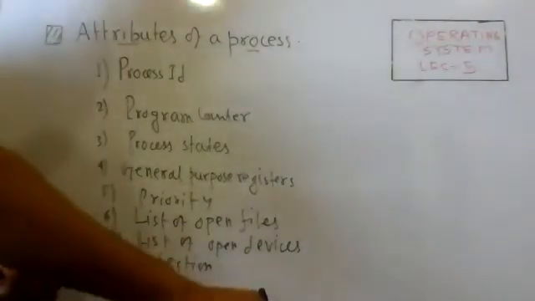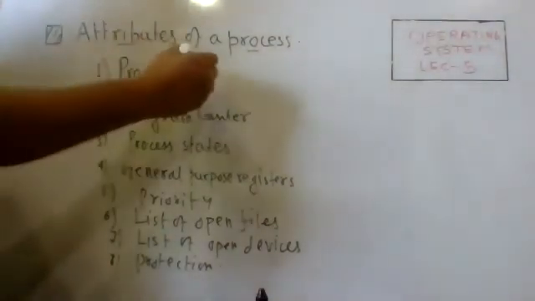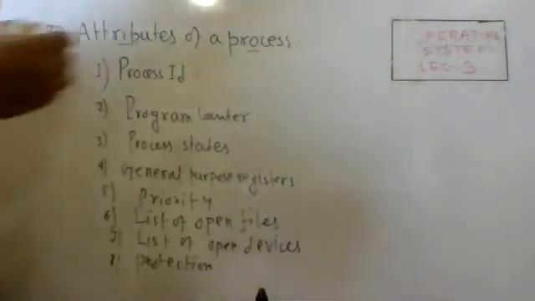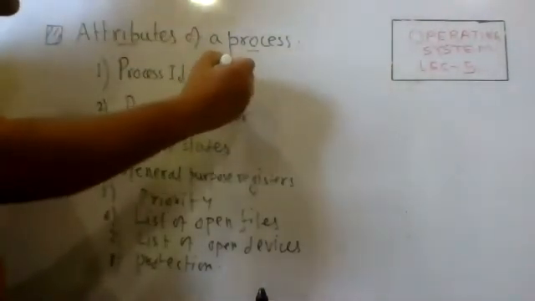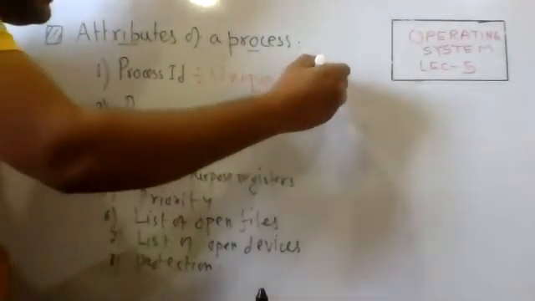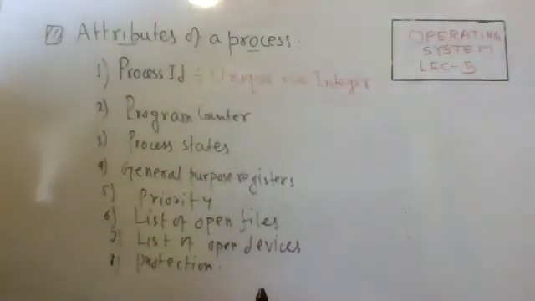Now see, what is process ID? So basically, every process will be given some number. So it is nothing but a unique positive integer assigned by OS.